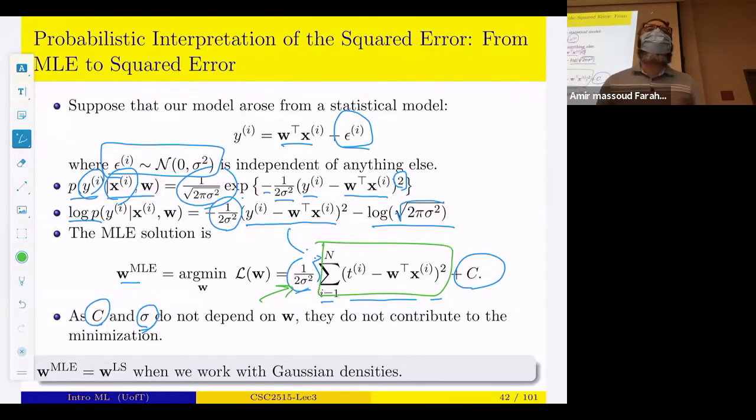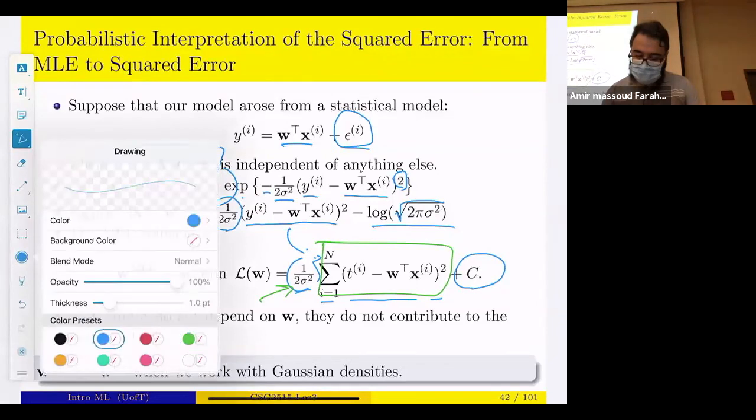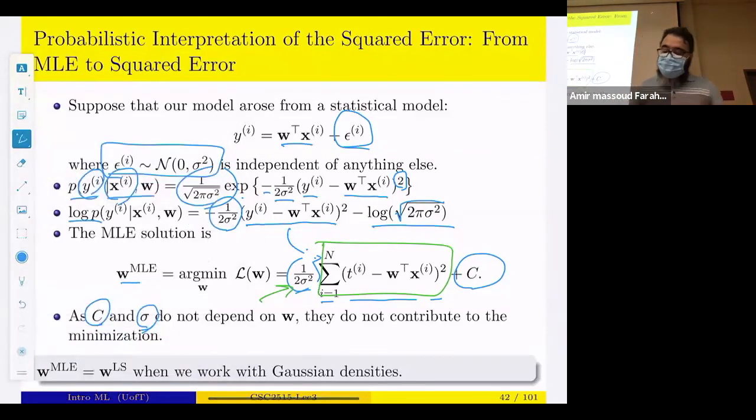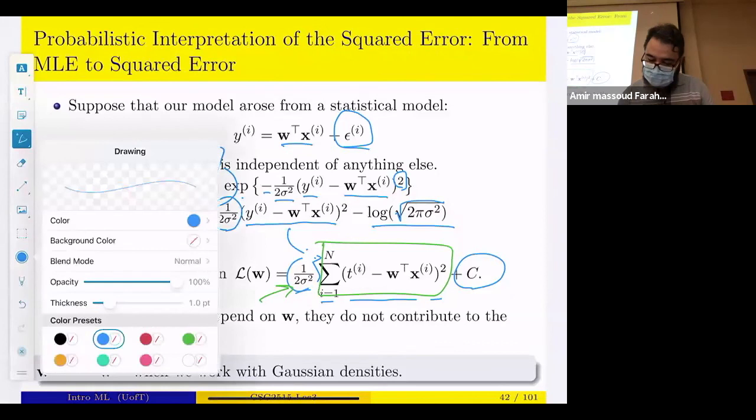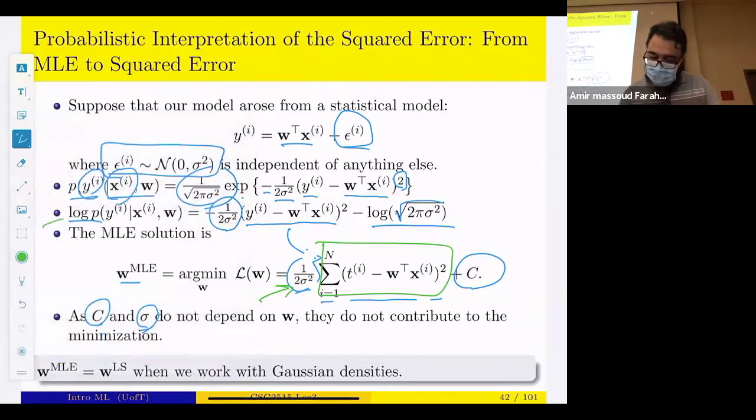So yes, there's a question. How do we get from having y's to having t's? That's a good question. Essentially, this model says that for any particular y, that's the probability. But now here I'm replacing the y with the t that we observed from data.